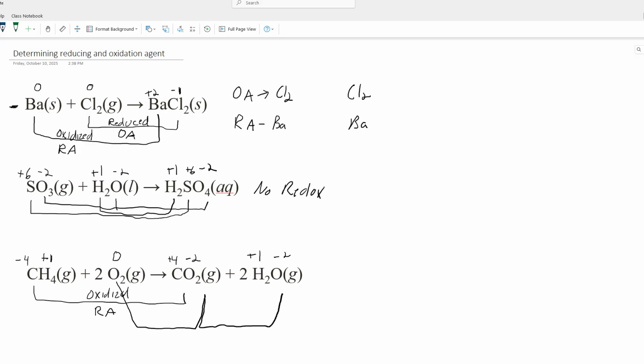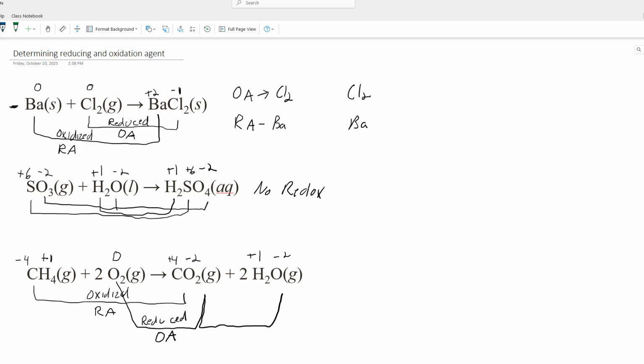It has been reduced. Therefore, oxygen is the oxidizing agent. Makes sense. We have oxygen, oxidizing agent. Oxygen is always going to be an oxidizing agent.